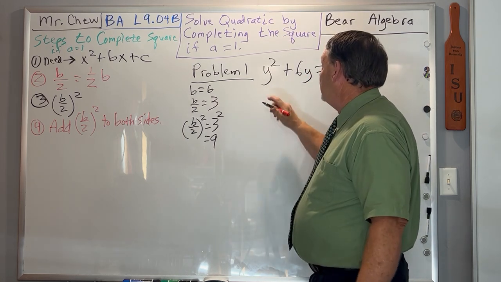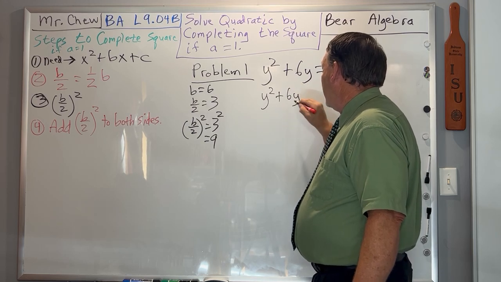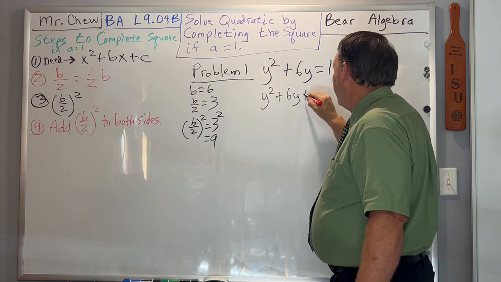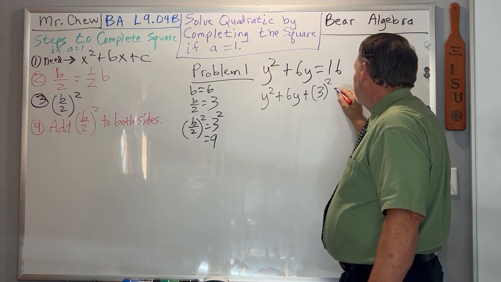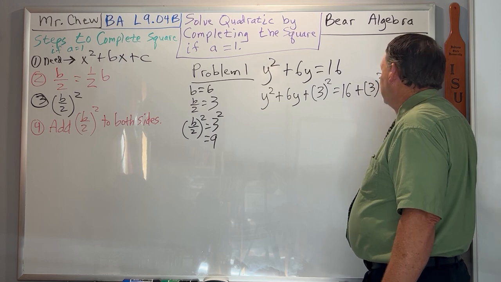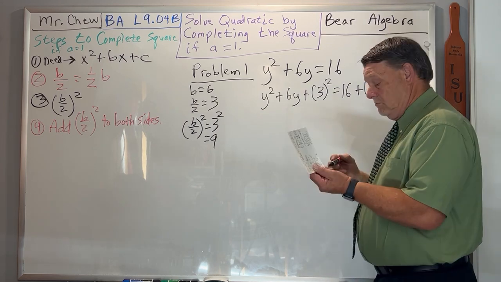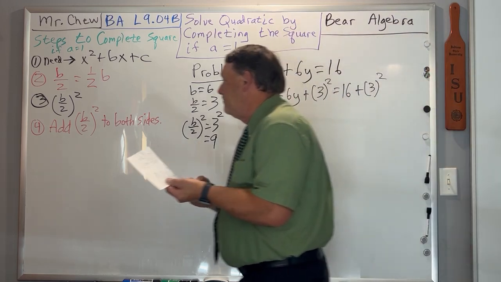So I take this y squared plus 6y, and then I'm going to add 3 squared to the left, and I'm going to add 3 squared to the right.